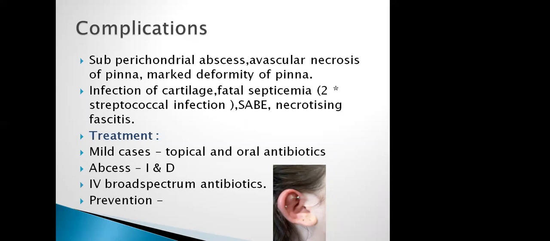In case of trauma, proper removal of debris and suturing should be done under strict aseptic precautions. A hematoma should be drained under supervision and aseptic precautions. In case of burns, eschar and debris should be removed carefully to prevent avascular necrosis of the pinna, which can cause marked deformity of the pinna.